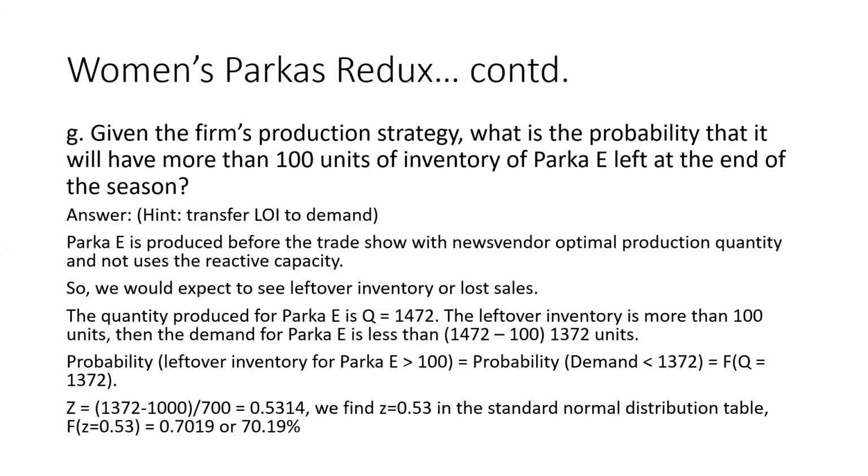Okay. And G, given the firm's production strategy, what is the probability that it will have more than 100 units of inventory of Paca E left at the end of the season? Paca E is produced before the trade show, which means the optimal production quantity is the newsvendor optimal production quantity. So it will have leftover inventory.